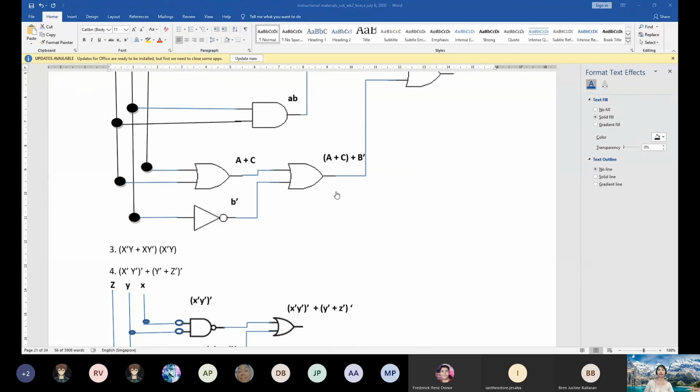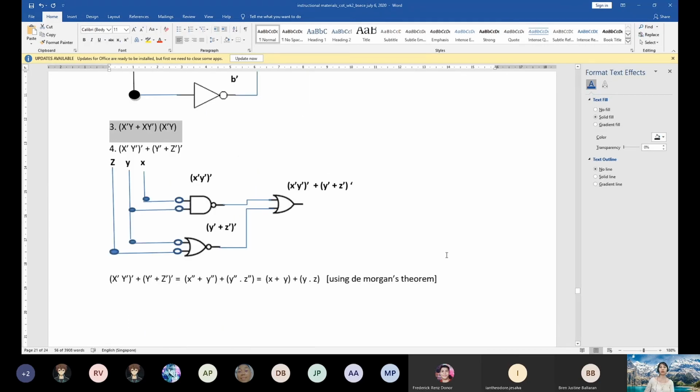Are you having trouble with connections, uploading to MS Teams? Any questions? Okay, no more questions, it seems.